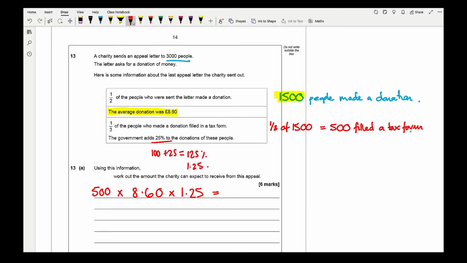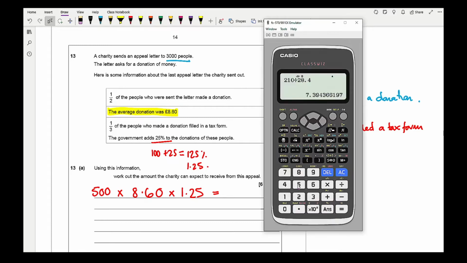So typing this into my calculator, I get 500 times 8.6 times 1.25 equals 5375.